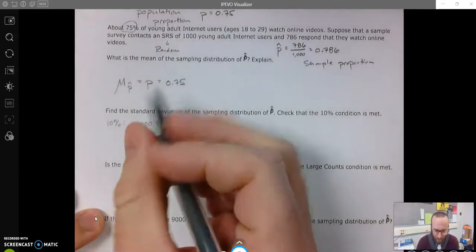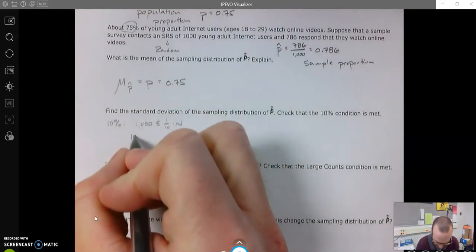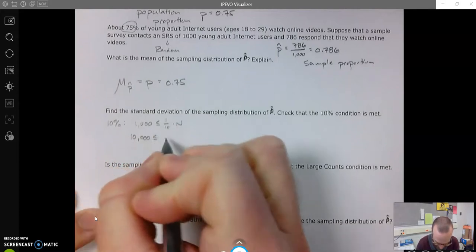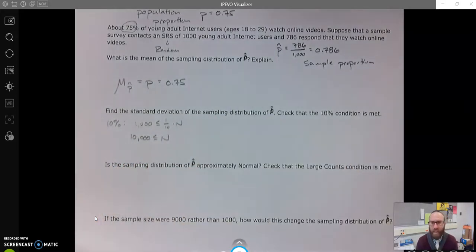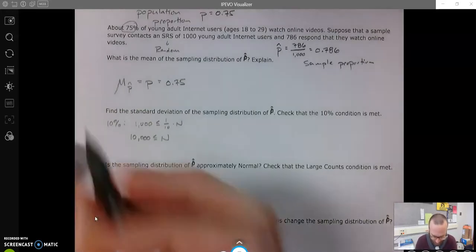If I multiply both of these sides by 10, I'm going to get 10,000 is less than or equal to n. Again, I don't know what n is, so I don't know for sure that 10,000 is less than that. But I think it's reasonable to assume that there are more than 10,000 people between ages 18 to 29 that use the internet. I think that's a reasonable assumption.